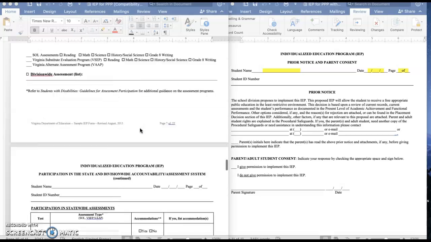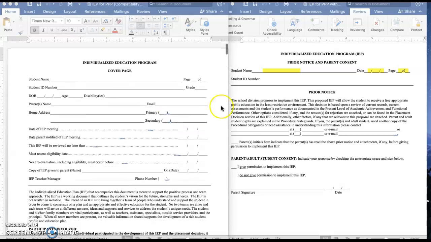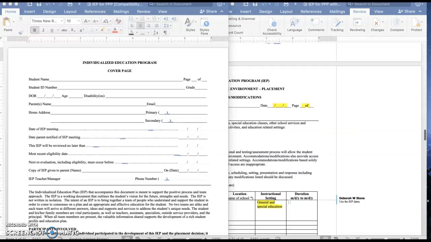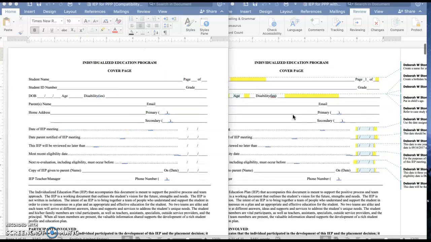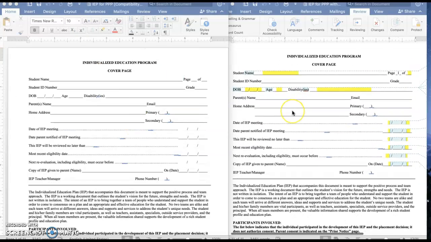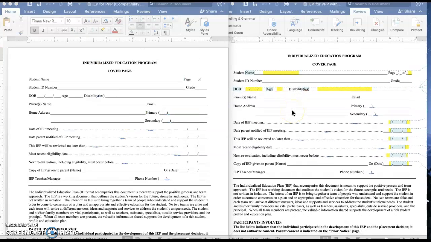And again, please just know that this is not what the IEPs look like when you're in the school. If you are in a school right now as an IA, or you have some other role in school systems and you have access to IEPs, this is not what they look like because they do have a different format, but this will give you an overview of the information that's included in IEPs.